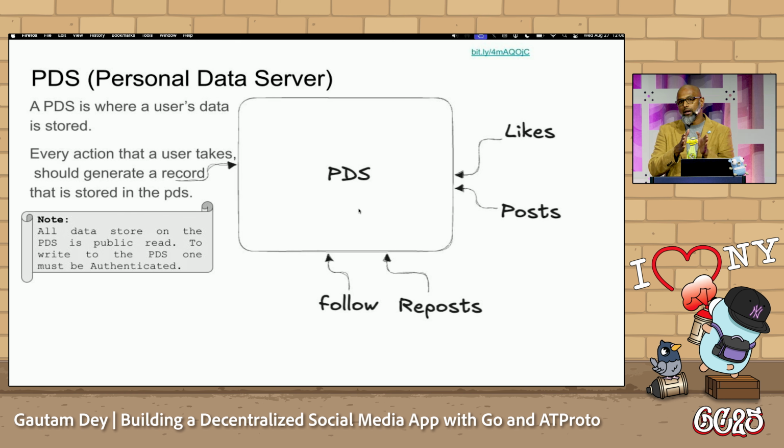So if they get banned from one service and they want to move to another, they don't have to rebuild their network. They don't have to rebuild their followers. They don't have to rebuild their friends and their block lists and things like that, because that's all in the PDS, and that can just flow to the next app view. If they don't like their PDS host, they can move their data away from the PDS host to another PDS.